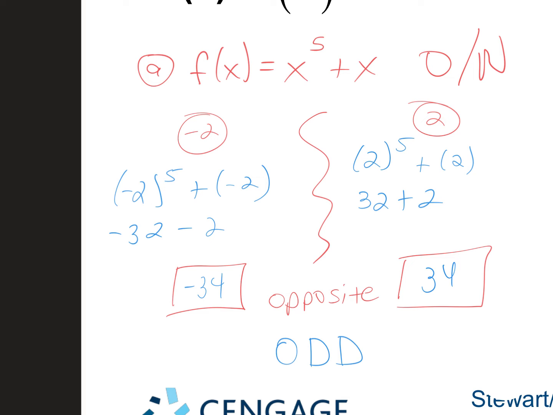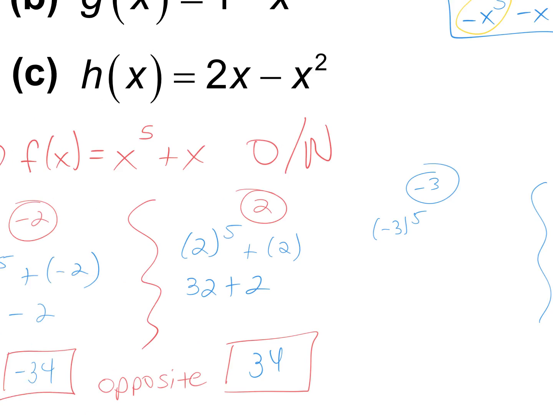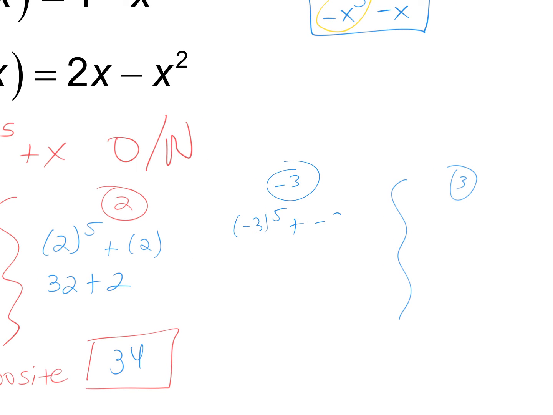To me, that is easier to compare, to see, are these exact opposites of each other? Are they close? It's easier to use numbers. I'll do the same example, but let's plug in 3 and negative 3. So if I have negative 3 and I have positive 3, you have negative 3 to the 5th power plus a negative 3, and I have 3 to the 5th power plus 3. So I have negative 243 minus 3 is negative 246, right?